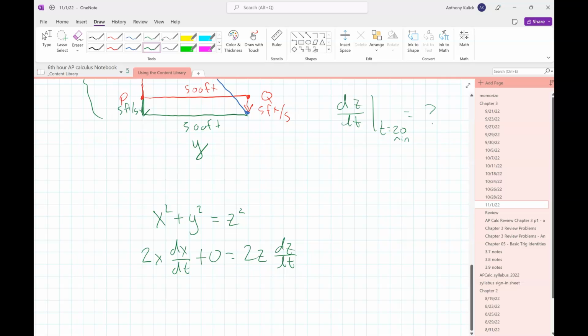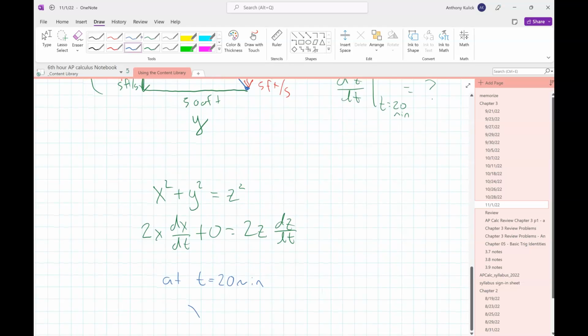So I have to figure out the value for x. So at 20 minutes, what is the value for x? 1,200 plus 9 times 15 times 60, right?